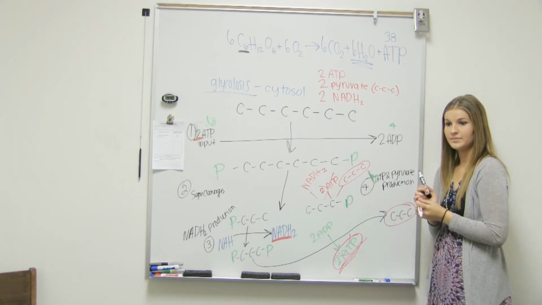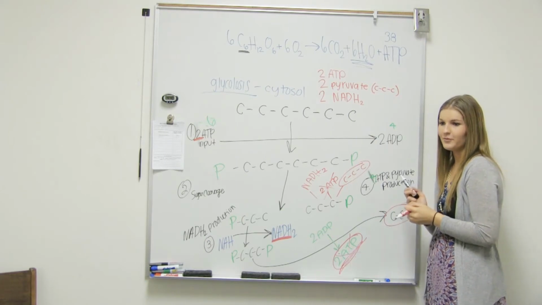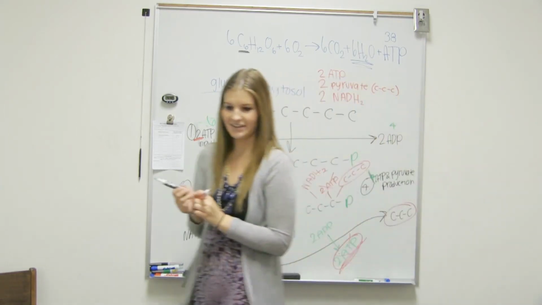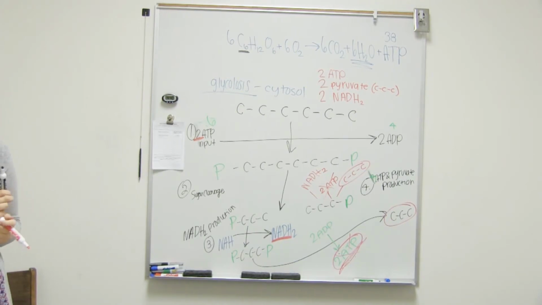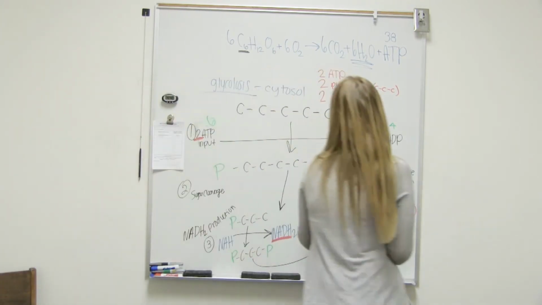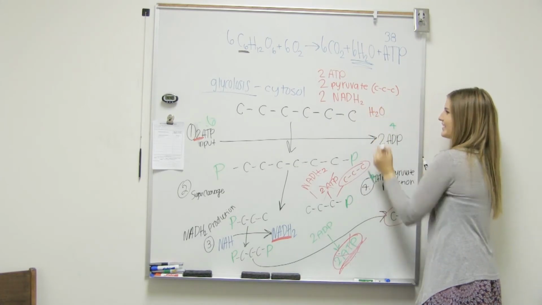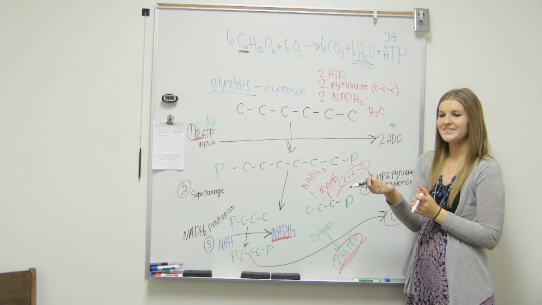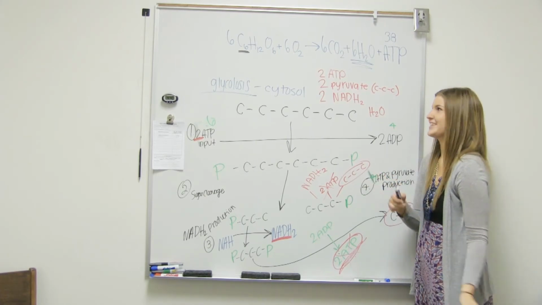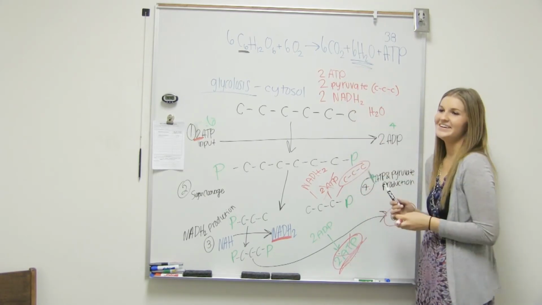So where does water come into play? We get a water too. H2O. Water's not super important though. Normally all the professors will just tack on water and say, let me get some water.